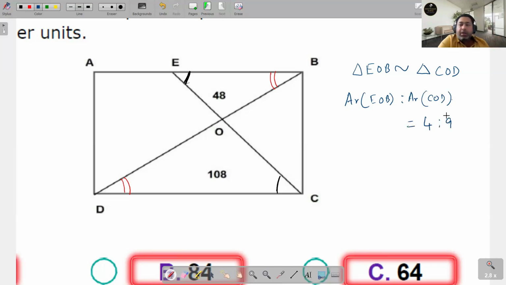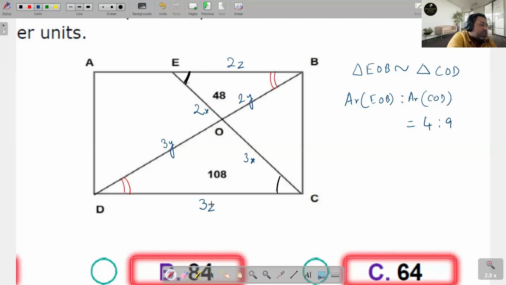And therefore, in any two-dimensional similar figures, if the areas are of a certain ratio, then their sides are in the square root of those ratios. So if this side is 2x, then this one will be 3x. Similarly, if this side is 2y, then this side will be 3y. And similarly, if this side is 2z, then this side is 3z. All right.